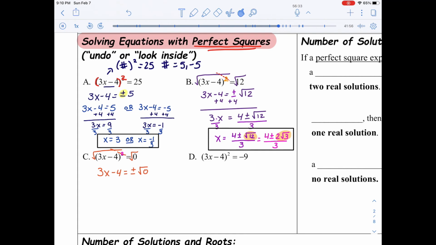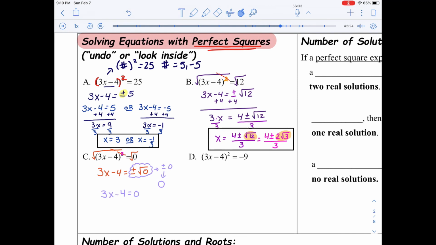But I want to think for a minute. The square root of 0 is 0, so that's really positive or negative 0. There's no negative 0 or positive 0. 0 is just neutral. So my only answer is 0 for the right-hand side. So 3x minus 4 equals 0.